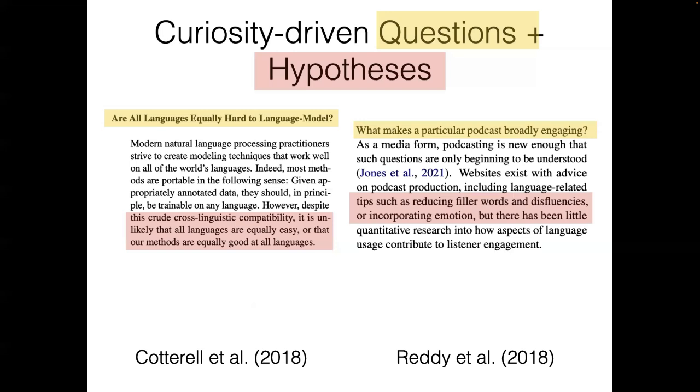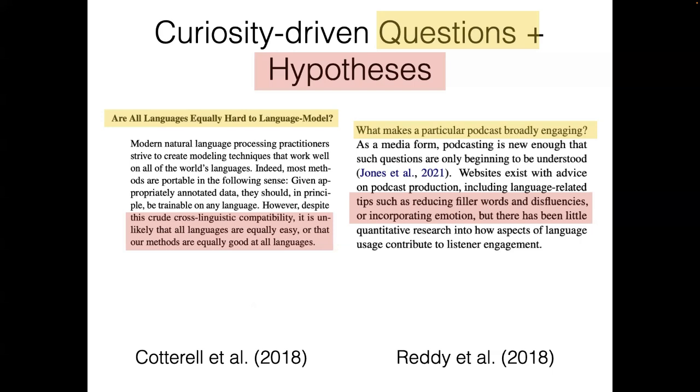This one says, what makes a particular podcast broadly engaging? And again, here they have reducing filler words and disfluencies or incorporating emotion, but there's been little quantitative research into how aspects of language usage contribute to listener engagement.